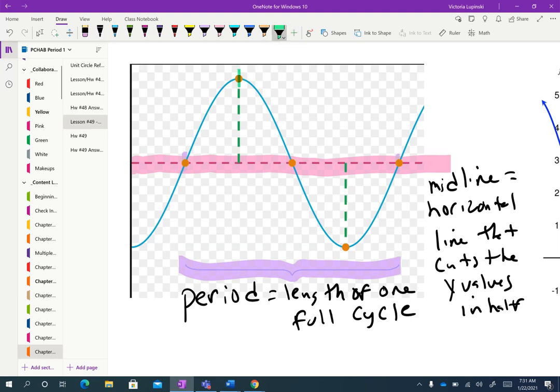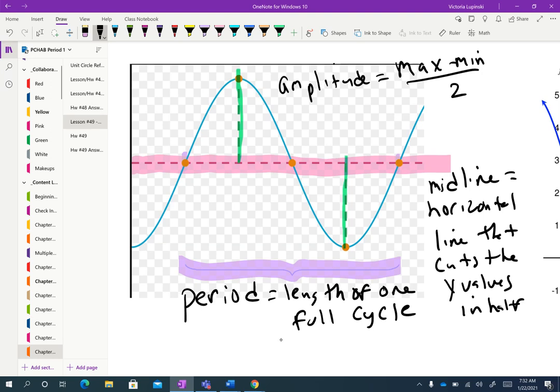Then you'll notice you have this dotted line here in green, and you also have another dotted line here in green. We are going to refer to that as the amplitude. And the amplitude has a couple of different ways to describe it. The first way you could describe it is the amplitude is a formula, and that would be the maximum minus the minimum divided by 2.